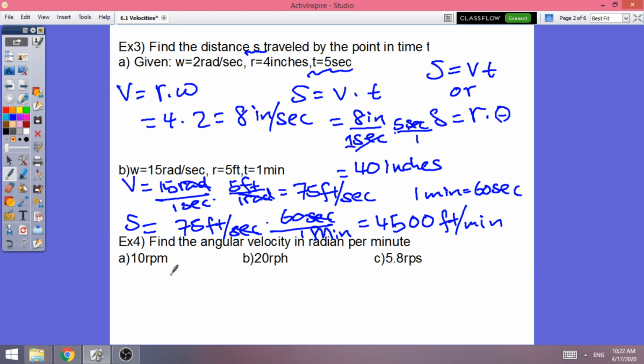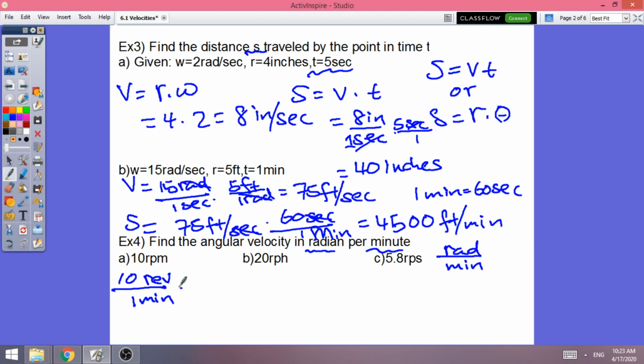Okay, so now let's try the rest of this. Find the angular velocity in radians per minute. So got to be careful with the unit here. It's going to be in radians per minute, so we can rewrite it as radian over a minute. The one that's given here is revolutions per minute, 10 revolutions per minute. But now we need to convert that to radians per minute.